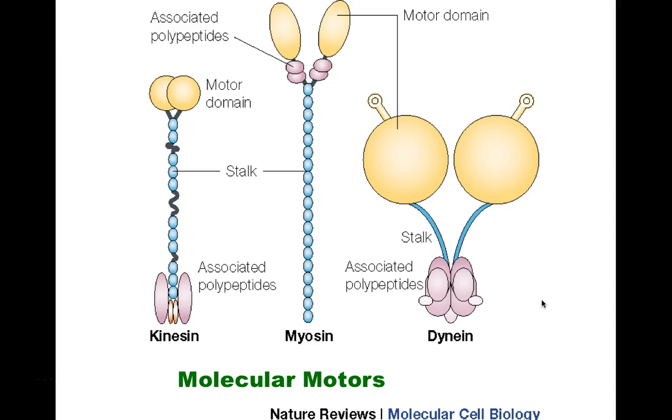Myosin is a molecular motor we often find in muscles, causing muscle cells to flex and move. So these 3 little categories of molecular motors actually do have movement. They often appear to sort of walk along the cytoskeleton.